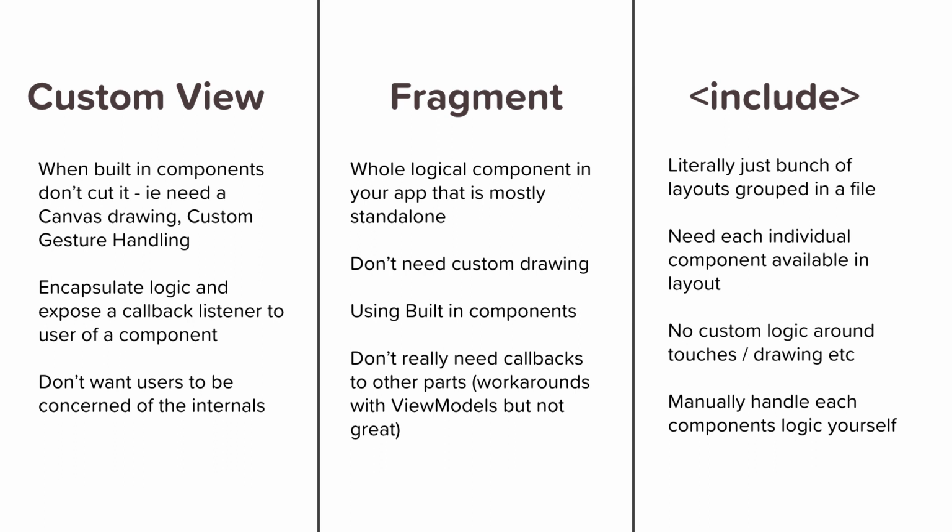So maybe it needs to know that there's an app bar, or a back button or something like that, and do custom things with it. I don't use an include when I need to do things like custom logic around touches and drawing, because that you want to wrap up in a custom view. And this obviously is when you want to manually handle each of the component logic yourself.